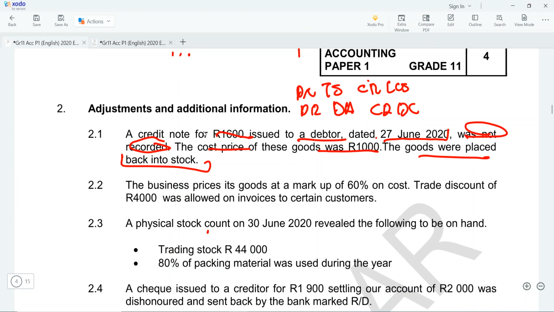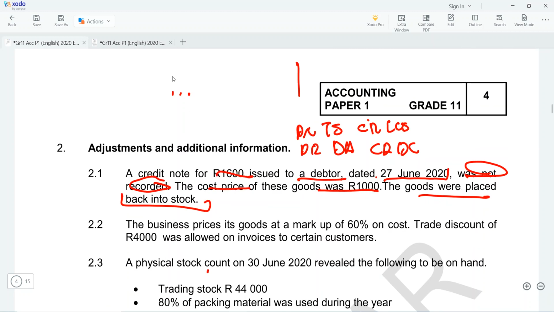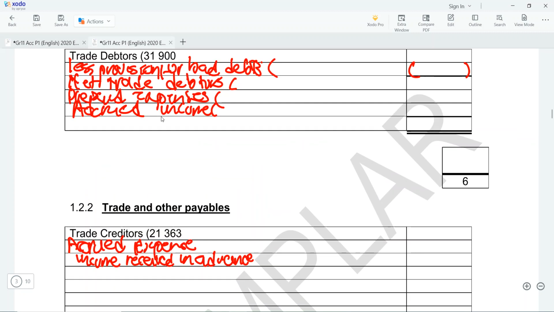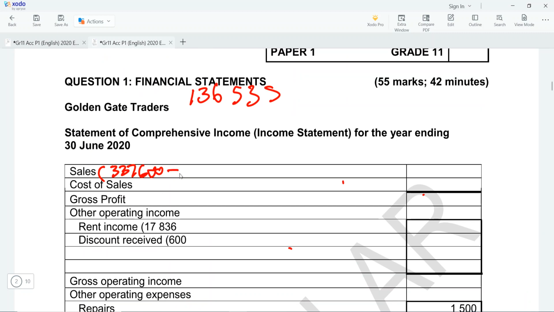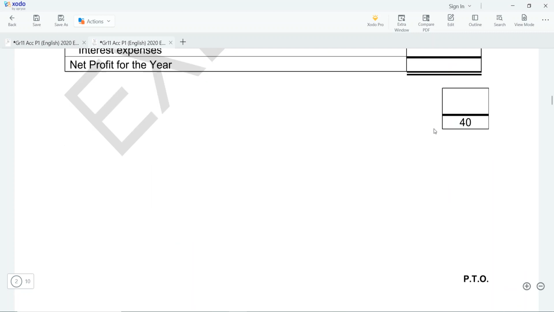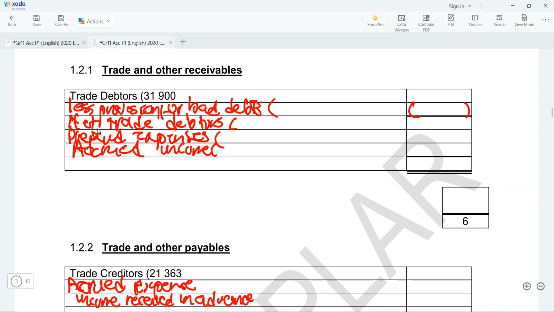Here they've told us about a debtor who returns goods. Remember, if a debtor returns goods, I said that you will have the debtors allowance, right? So which means on this side in the income statement, we're supposed to have minus 1,600, and also in the debtors control, because we are saying that the debtors control must be credited, we must also subtract 1,600.